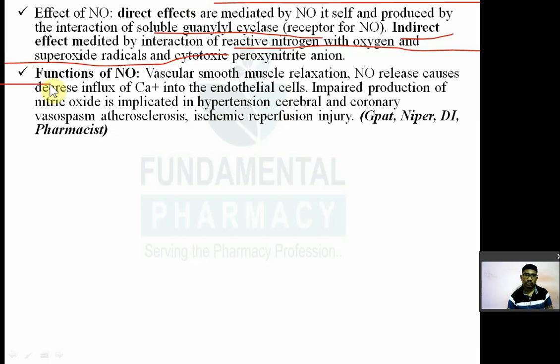ब्लड वेसल का जो मिडल लेयर होता है, मस्कुलर लेयर, so उसको रिलैक्स करना. So vascular smooth muscle relaxation. Nitric oxide release causes the decrease in the influx of calcium in the endothelial cell.